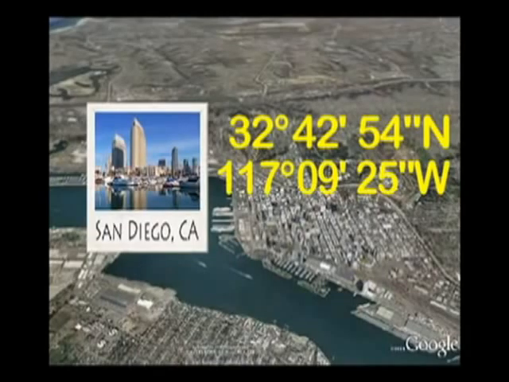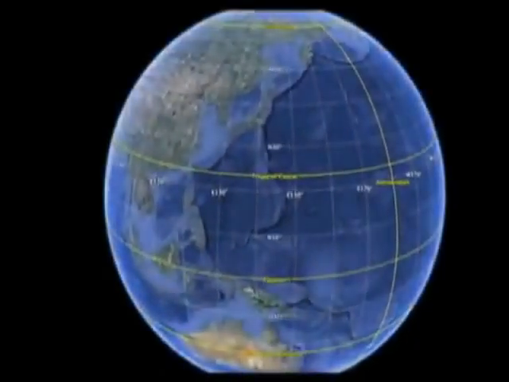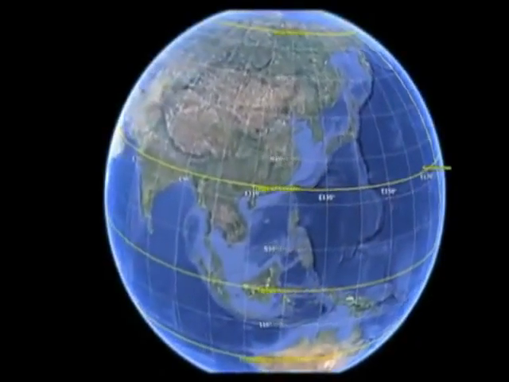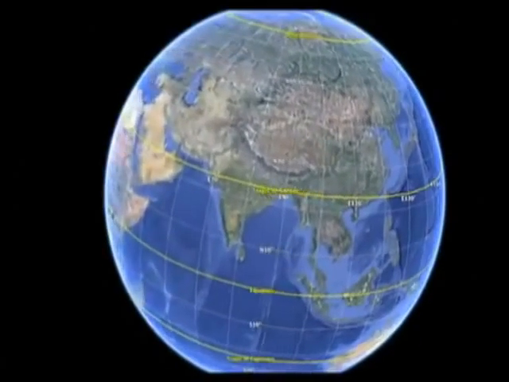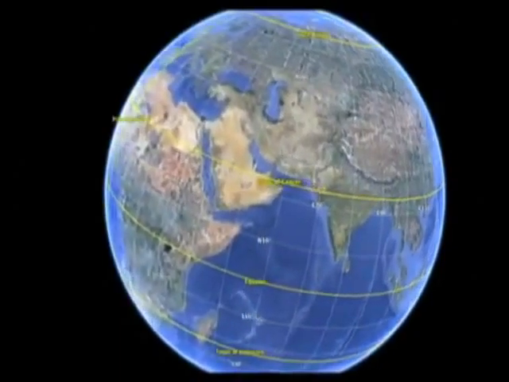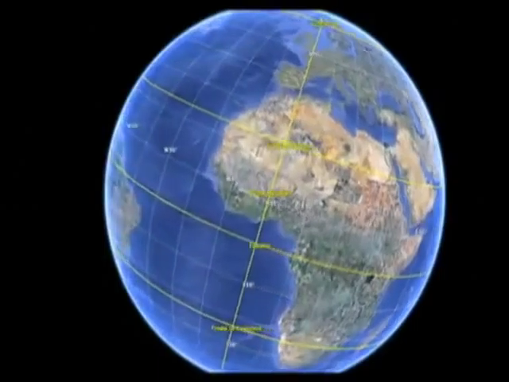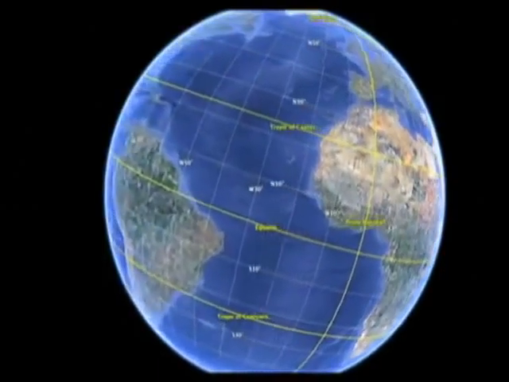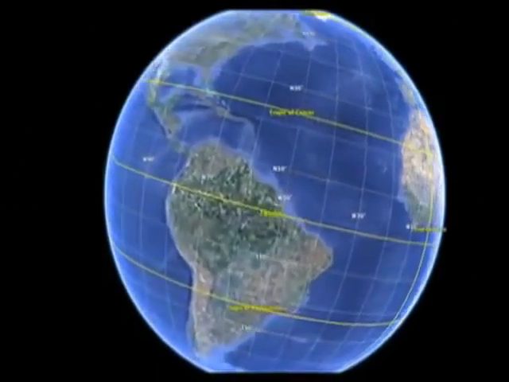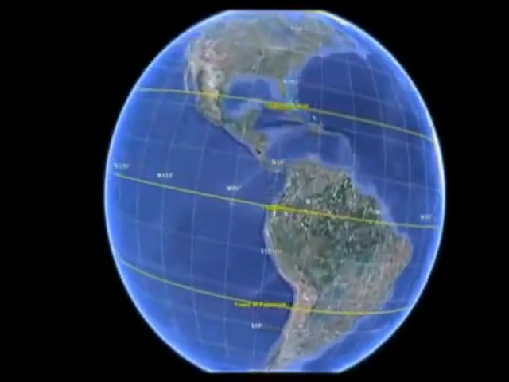Notice that 180 degrees east or west is halfway around the globe. So, the 180 degrees east and 180 degrees west longitudes meet and form a single line. This line is known as 180 degree longitude.